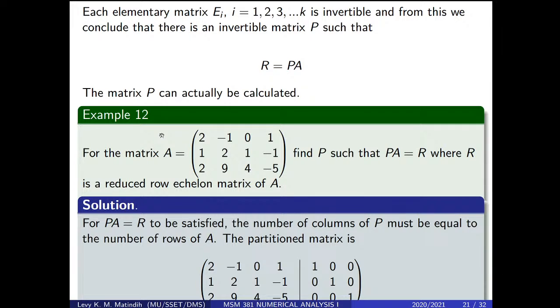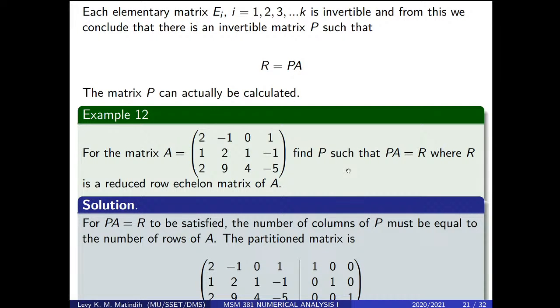Example number 12 is saying, for the matrix A with entries 1, negative 1, 0, 1, 1, 2, 1, negative 1, 2, 9, 4, negative 5, find the matrix P such that the product of P and A is equal to the reduced row echelon form of matrix A, which is R. How can we handle this question?